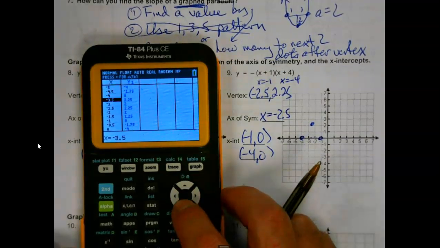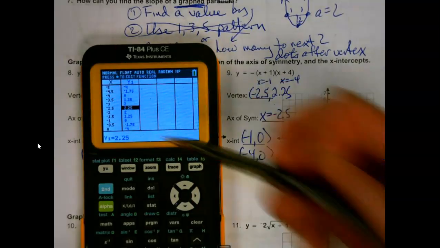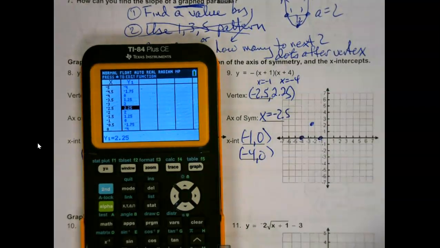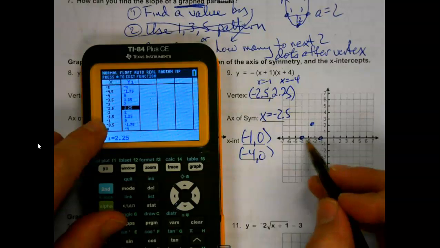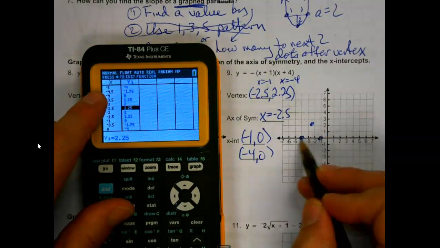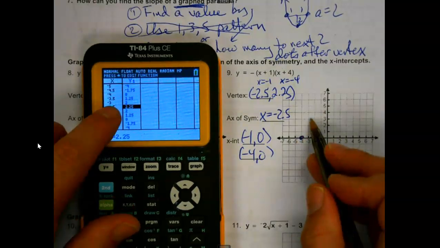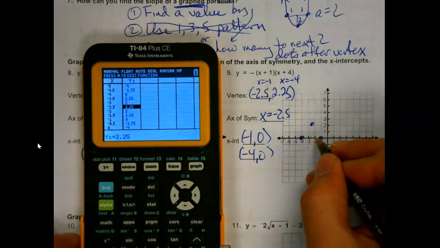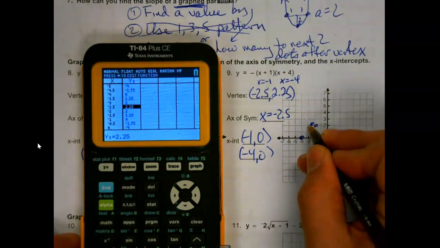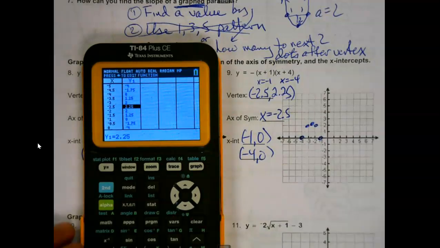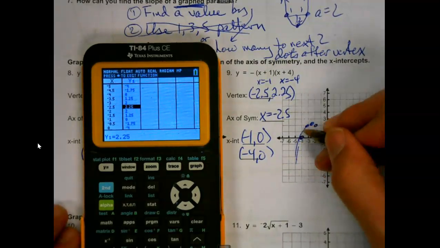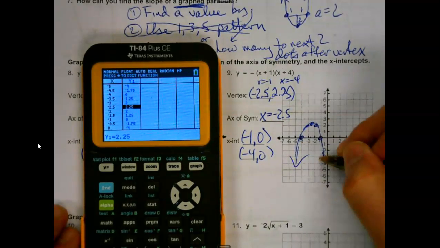Now let's see, do I see symmetry? I do. -1, 0. -4, 0. -2.5, 2.25. And if you really wanted to make some brownie points, we get those extra 2 points in there to make sure we get a nice curve. And we're off and running.